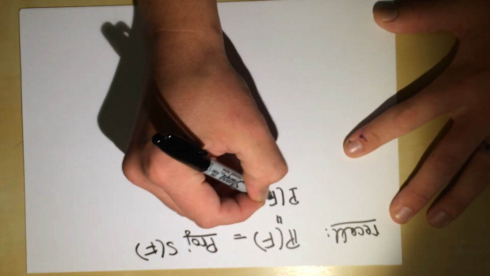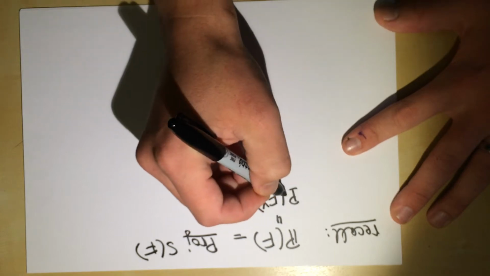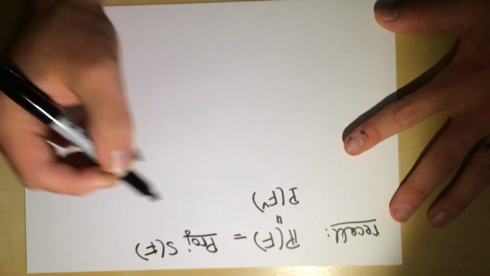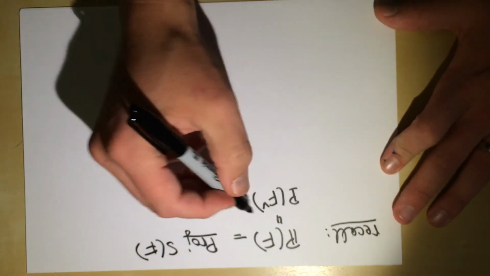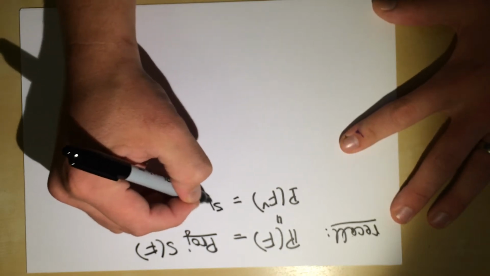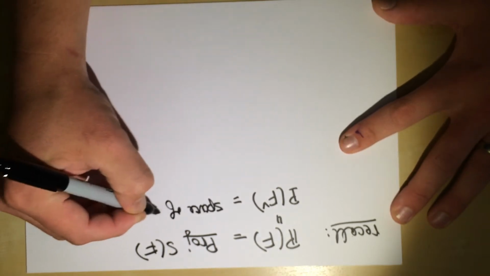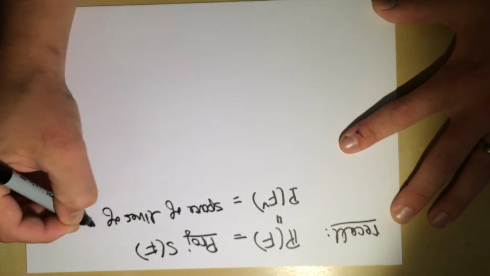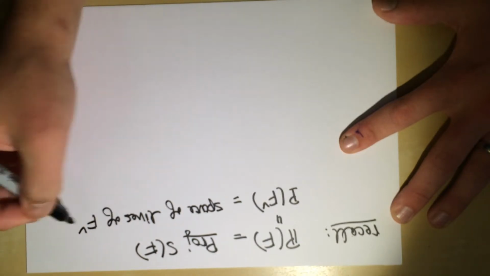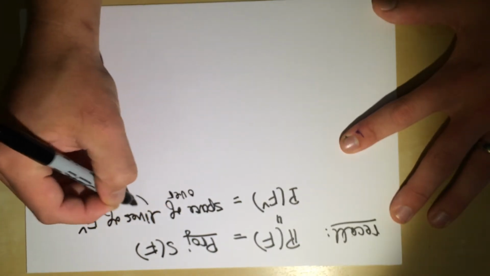We'll call this P of F dual. And the physical meaning of this is the space of lines of F bar over X.